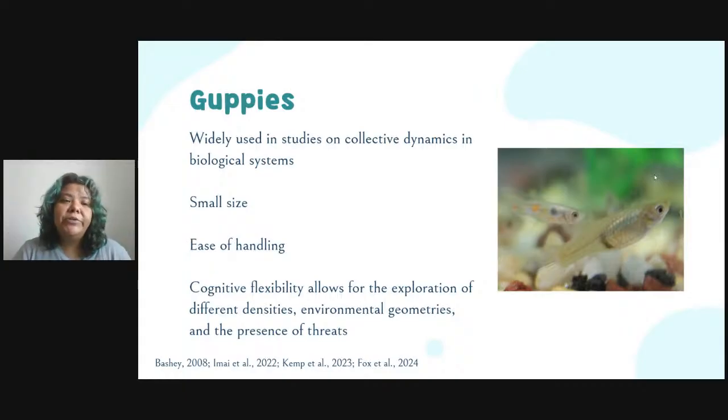We decided to use guppies because they are widely used in collective dynamics and biological systems, especially in studies of collective behavior. They are small in size, they are easy to handle, and they are cognitively flexible, which allows us to explore how environmental factors like different path options or the presence of threats affect decision-making and group movement.